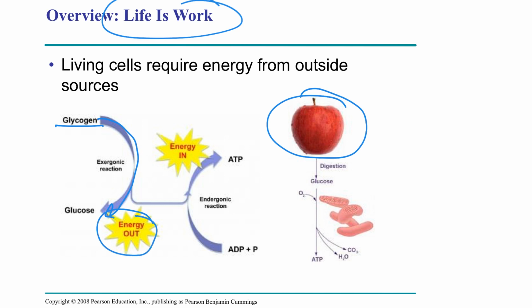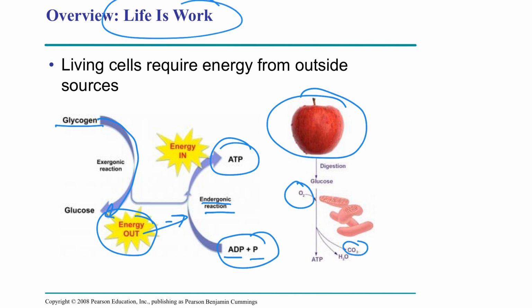When we actually burn the fuel that is our food, we take some of that energy and we use it to do an endergonic reaction, which is the reaction where we take ADP plus a phosphate and make some ATP. And in that process, we use oxygen and we produce CO2, water, and some ATPs.